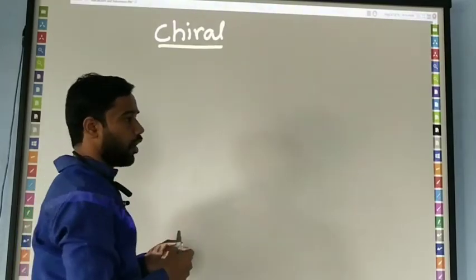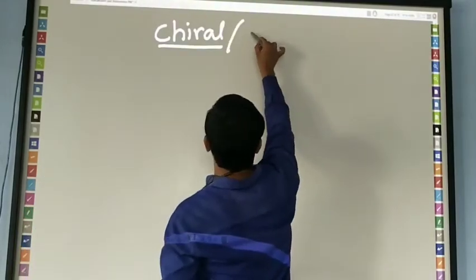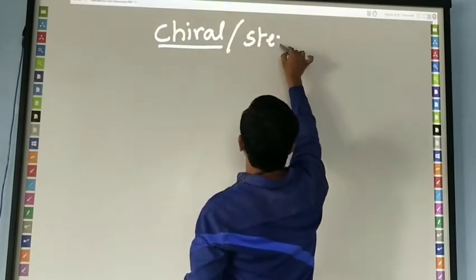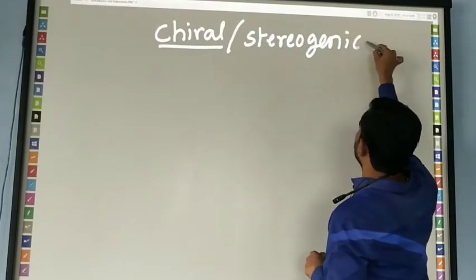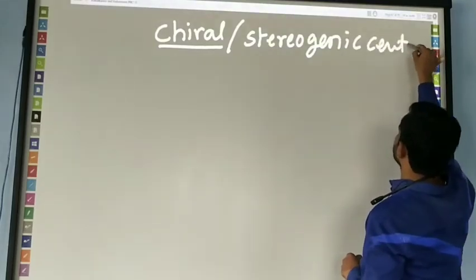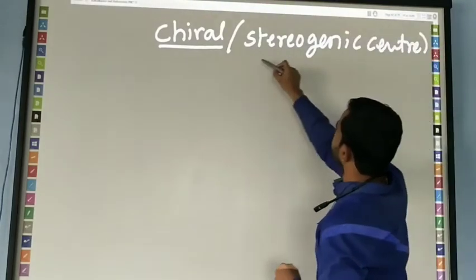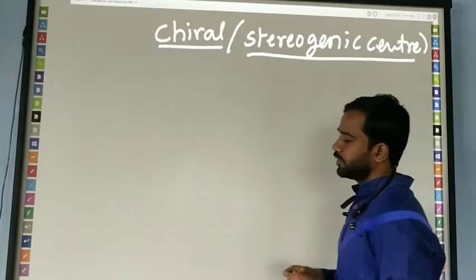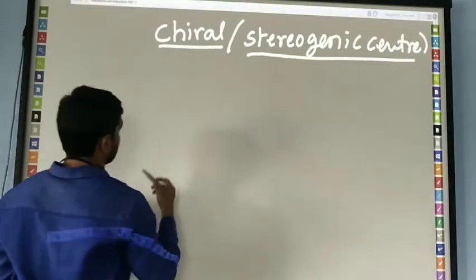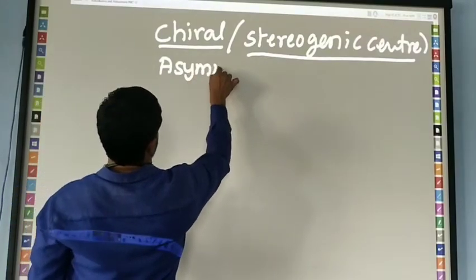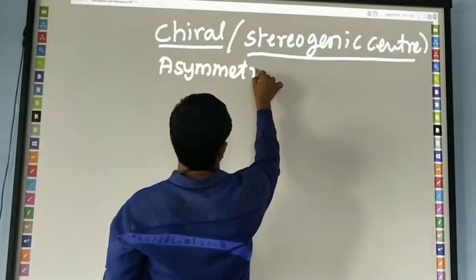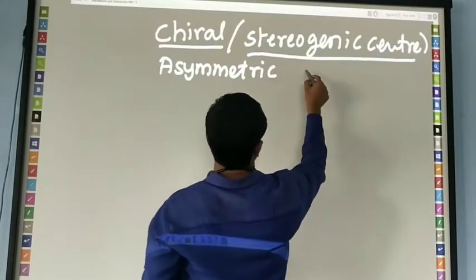Chiral, or stereogenic center, as we call it at a higher level, or some people call it an asymmetric carbon, or asymmetric structure.